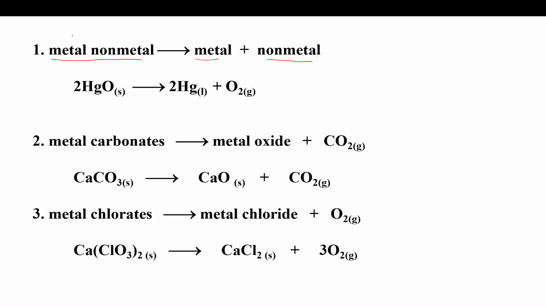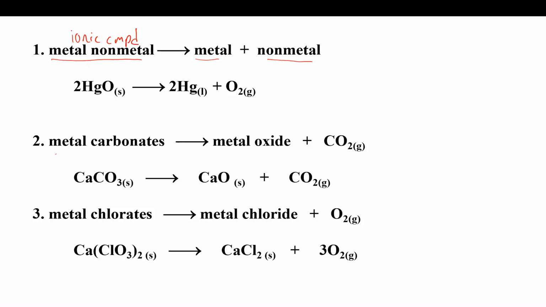Really what I could have put here is an ionic compound. Right, so in this example here we have mercury 2 oxide breaking down to mercury and oxygen gas.